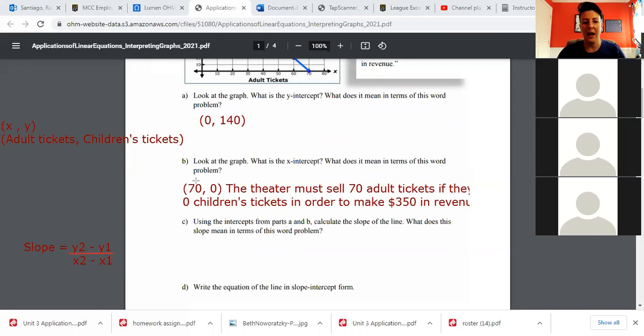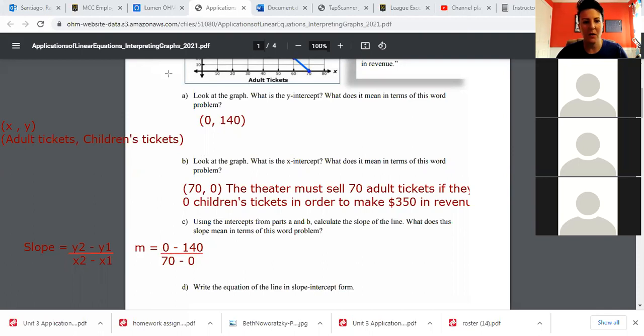Our 70 can be x2, and our 0 can be y2. So x1, y1, x2, y2. We're going to use this information in our slope formula. So m is equal to y2, which is 0, minus y1, which is 140, over X2, which is 70, minus X1, which is 0.